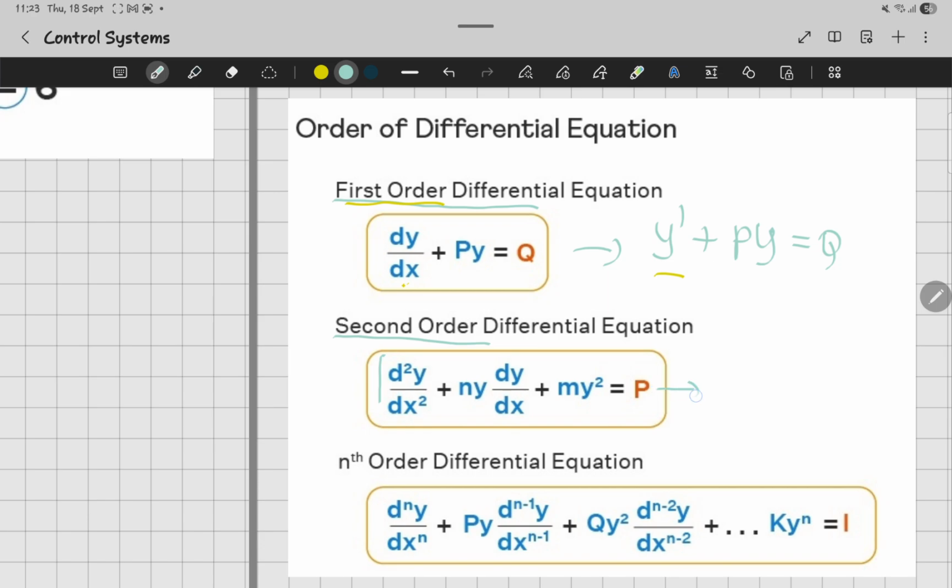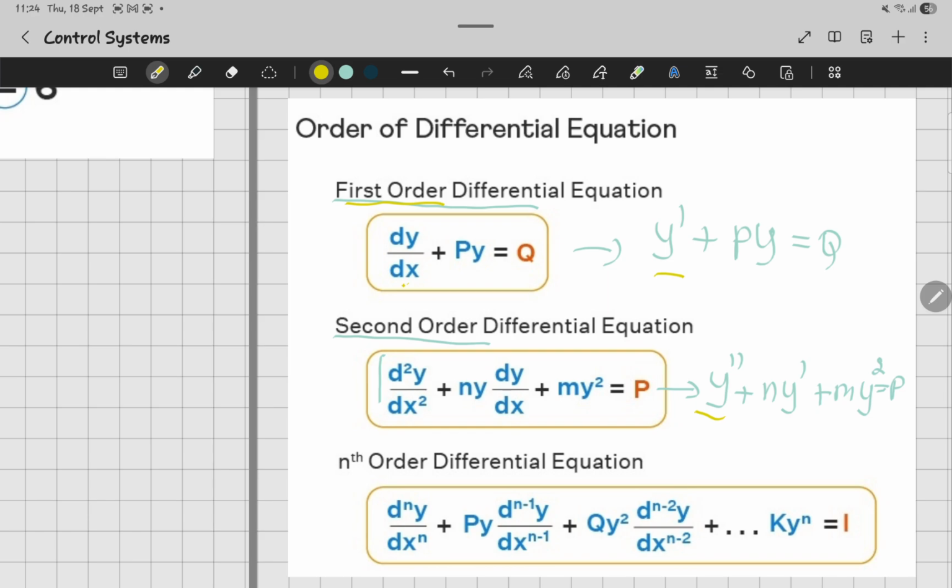In simple terms, I can also write it like this: y double prime plus n y prime plus m y square equals p. So in terms of the second derivative, that is where we get the second order differential equation.